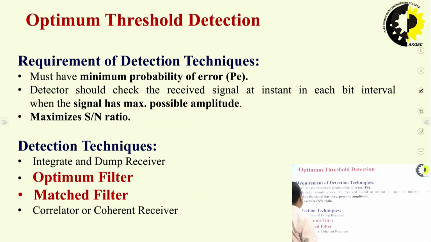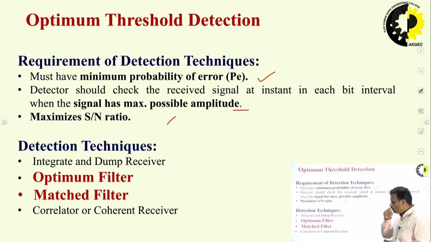Now, the requirement of a detection technique in a digital receiver: it must have minimum probability of error, obviously, and maximum possible amplitude and maximal signal to noise ratio. There are several detection techniques used here, like the integrate and dump receiver, which is a very basic and easy technique but rarely used.